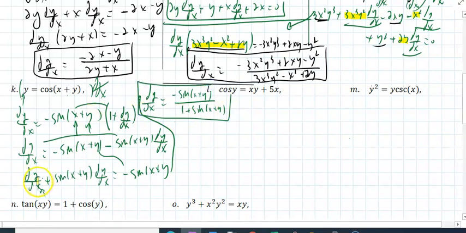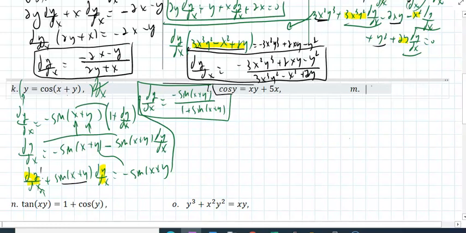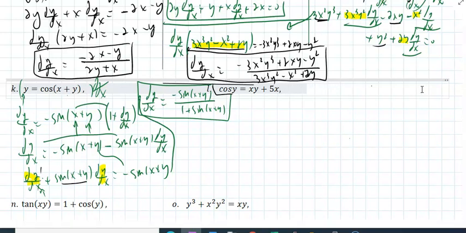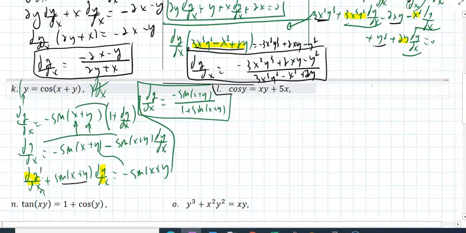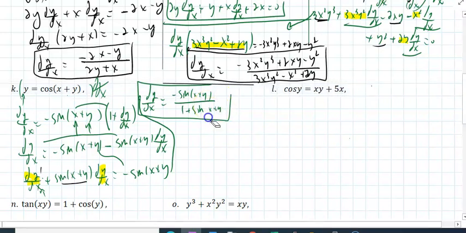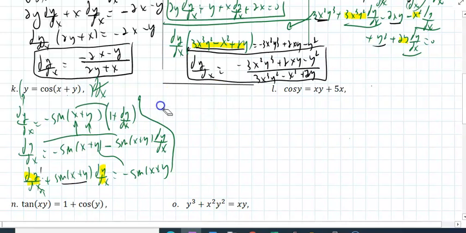So if I factor dy/dx out of both of those, out of the first I'll have a 1, and out of the second I'll have a sine. Divide both sides by that, and there it is. I'll tell you what, no need to squish things. We have plenty of space.